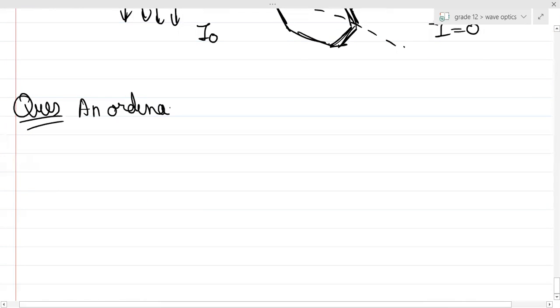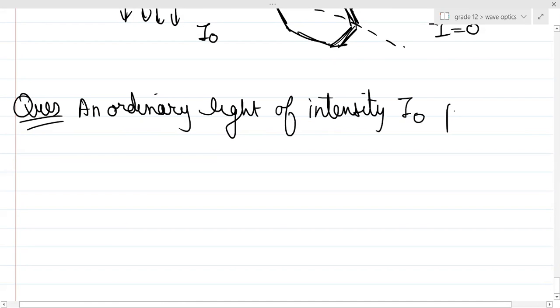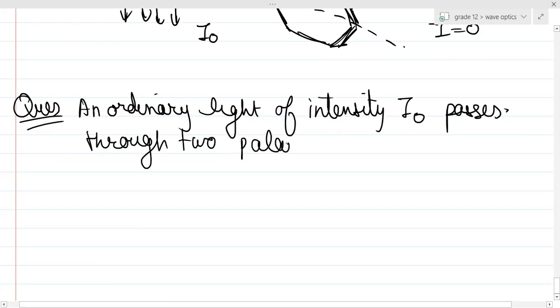An ordinary light of intensity I naught passes through two Polaroids in succession, ऐसा लिख लो, two Polaroids in succession.